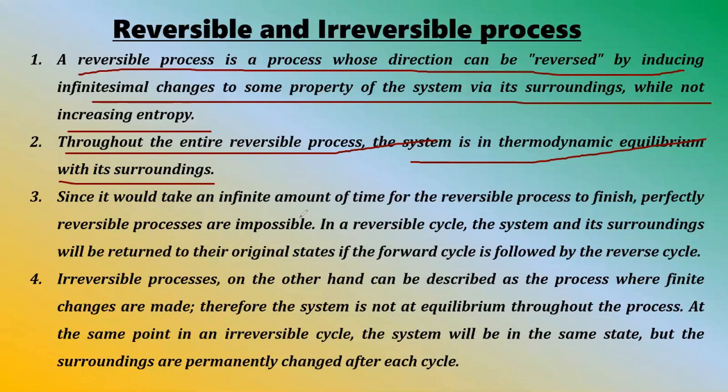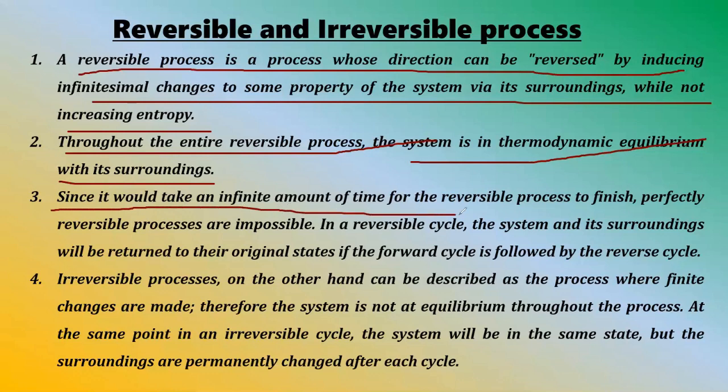And while we are growing, we are not maintaining any equilibrium with anything. If we maintained thermal equilibrium, then it might so happen that our growth could be reversed, okay, but it is not possible, right? So throughout this entire reversible process, the system will be in thermodynamic equilibrium with the surroundings, right?